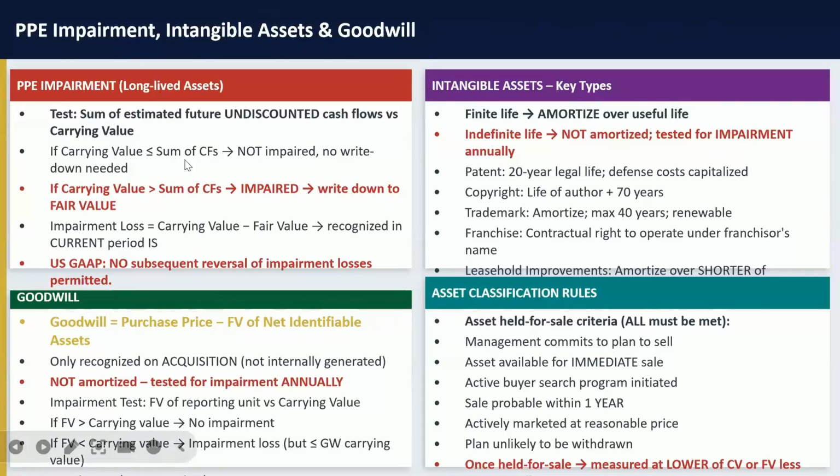Sum of the cash flows means whatever money you are able to get, the market value that you are able to get for your asset, it is greater than your carrying value or book value. At that time, it is not impaired. No write down needed. The problem will come when your future cash flows that you are getting or the market value, suppose it becomes lesser than your carrying value.